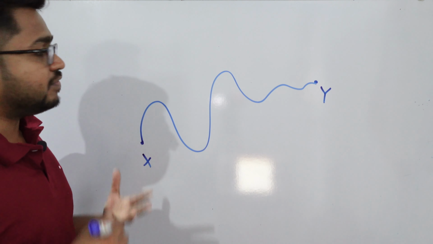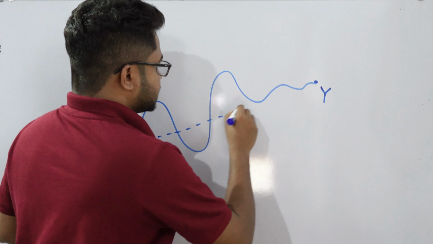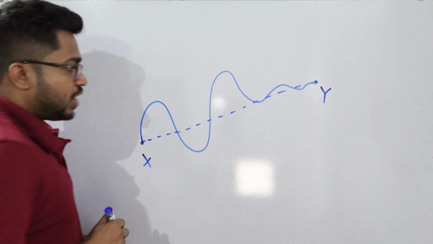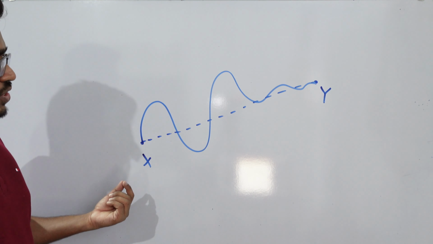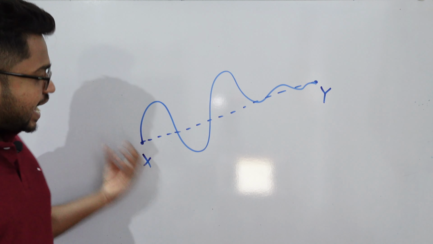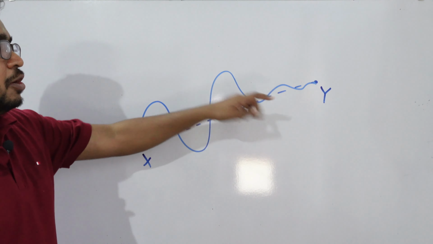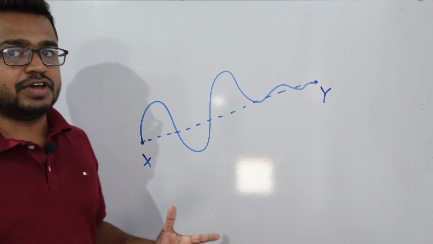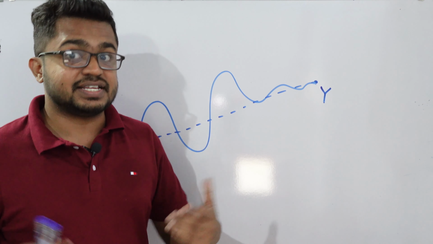But suppose you have a helicopter. Then you will just travel straight from X to Y. Though on both occasions you travel from X to Y, it is in two different ways. These are the examples of distance and displacement.